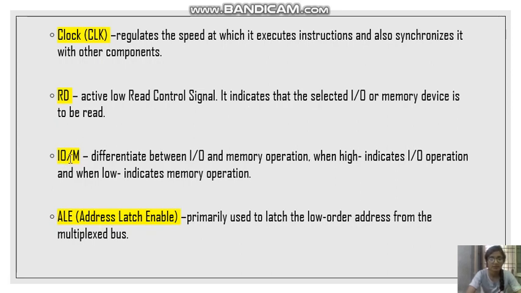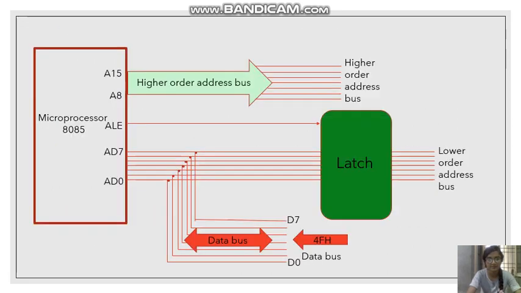Another one is IO/memory bar. Here also the bar will come. This is used for the memory location, and it is also an active low signal. The other is ALE or address latch enable signal, which is an important signal to multiplex our address buses. How this multiplexing is done in our microprocessor, I will show you in the next slide.